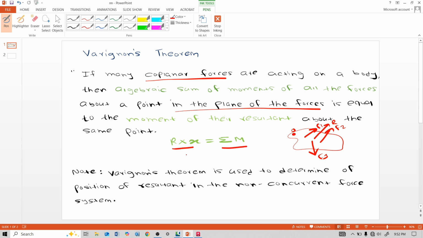This R into X is nothing but the resultant moment, and the summation of moments means F1 x1 plus F2 x2 plus F3 x3. If this is x1, this is x2, this is x3, like that.